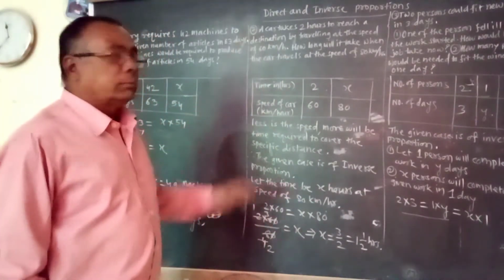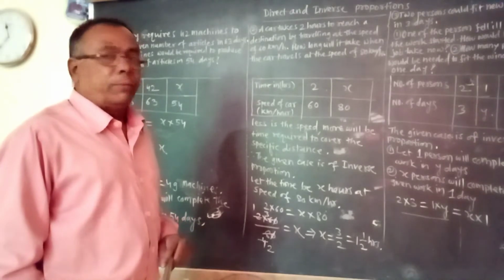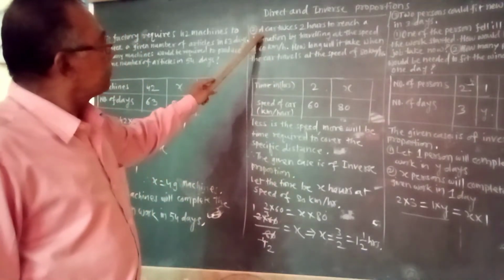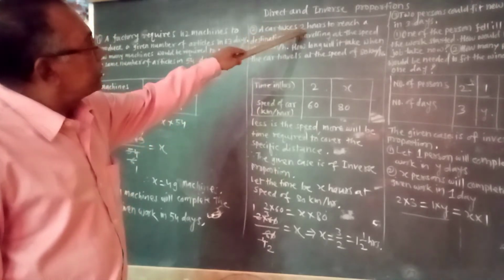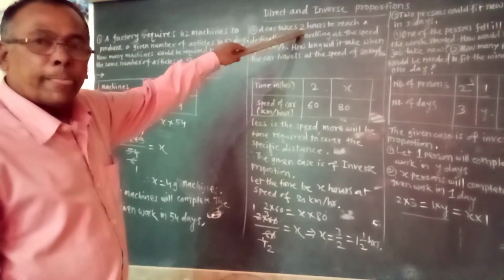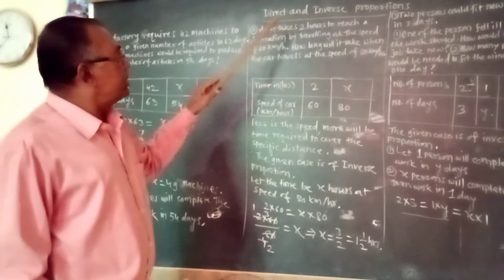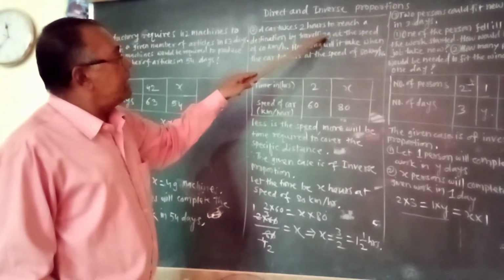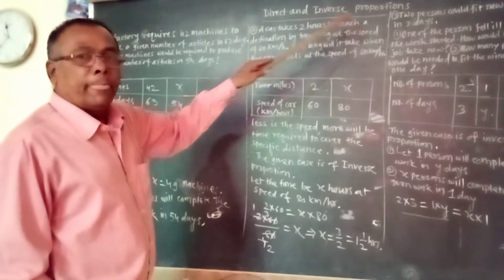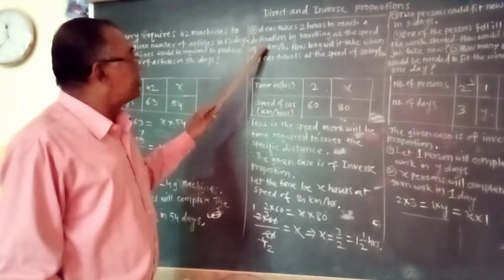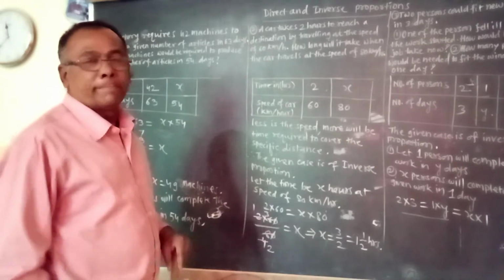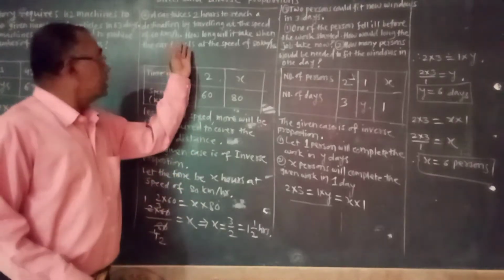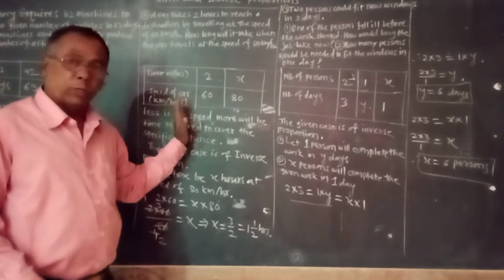Now we will see the second example. It is given that a car takes 2 hours to reach a destination by traveling at the speed of 60 km per hour. We have to write the given information in tabular form.